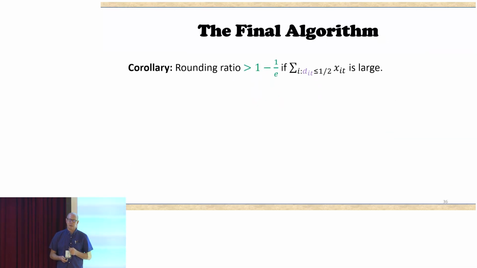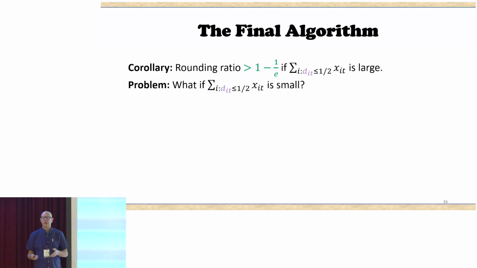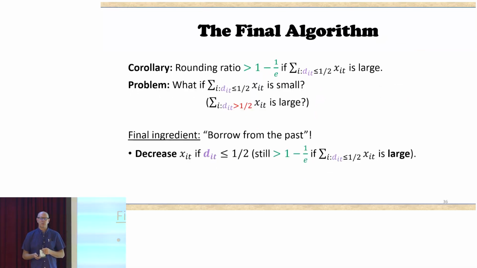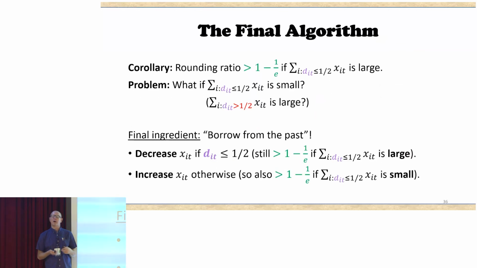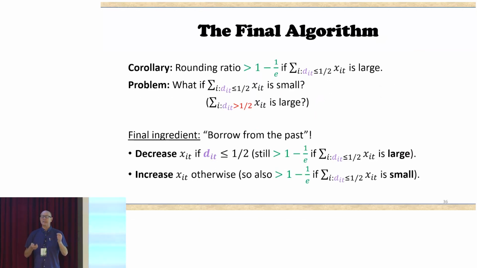If that's not the case, then we have to do something more complicated, which we call borrowing from the past. And we have to play with the low degree offline vertices and the high degree offline vertices and rescale them. The smaller one decreases and the higher one increases.